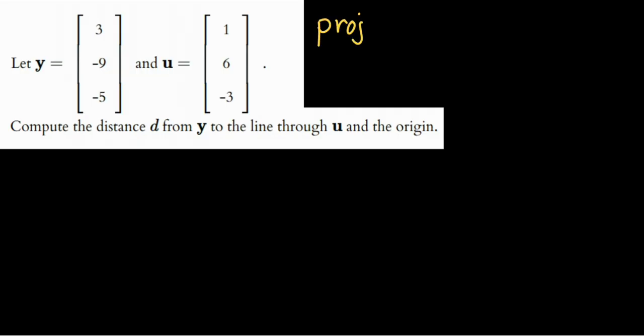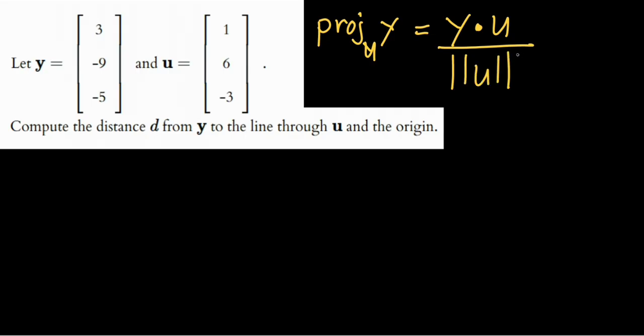Projection of y onto u. So that is just the dot product of y and u over the square of the magnitude of u times u. Yeah?